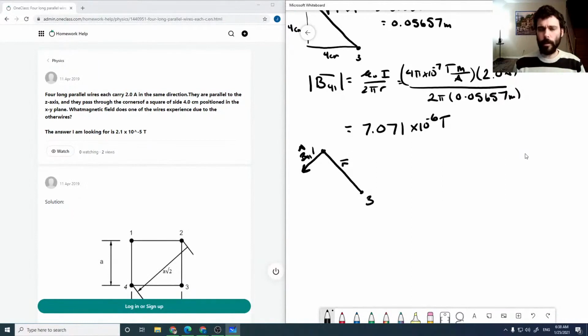Our unit vector in our B41 direction is going to be that way. And so we know that our B31 hat is going to be, so the right-hand rule really expresses that it's going to be K hat cross R hat, R31 hat.